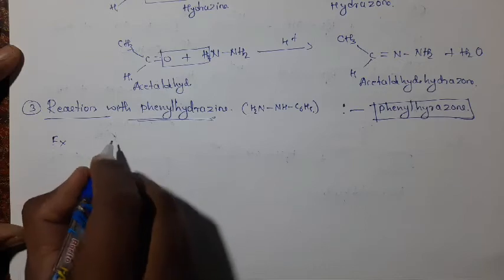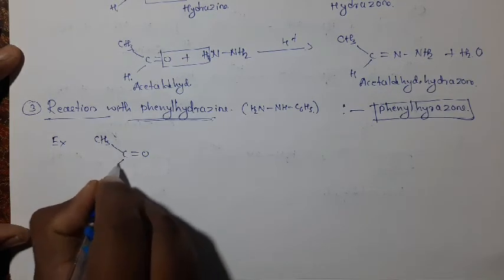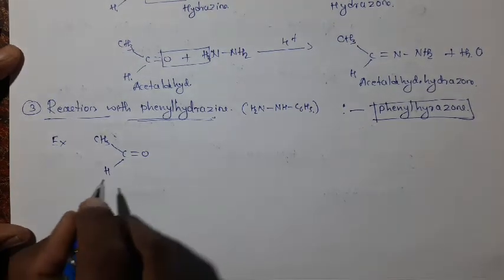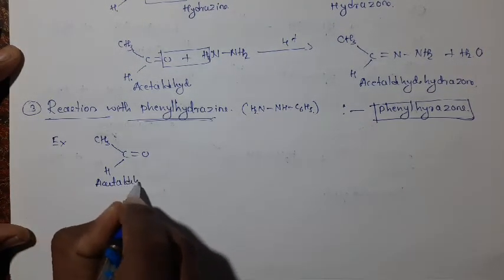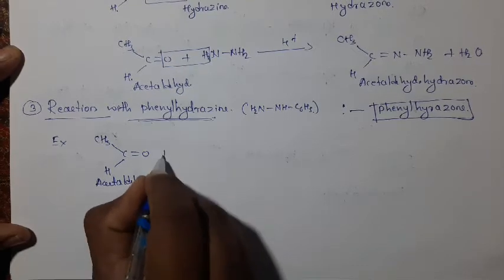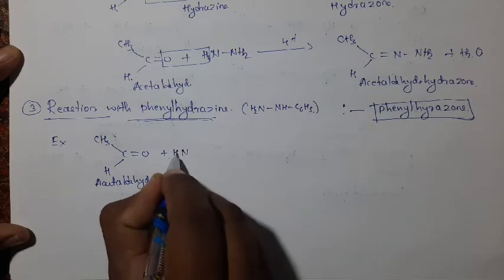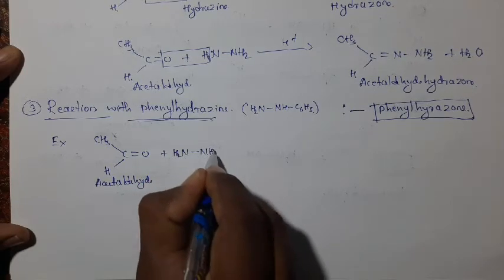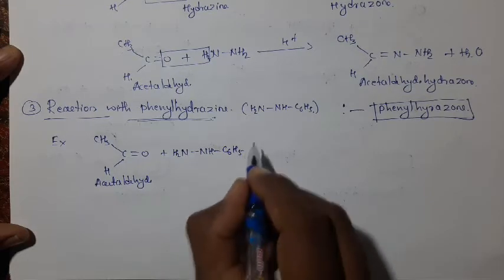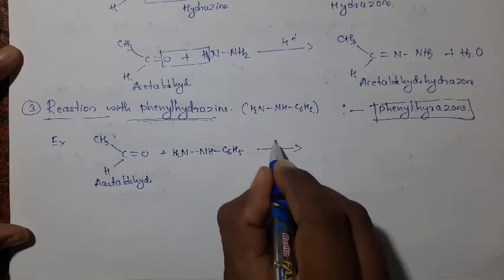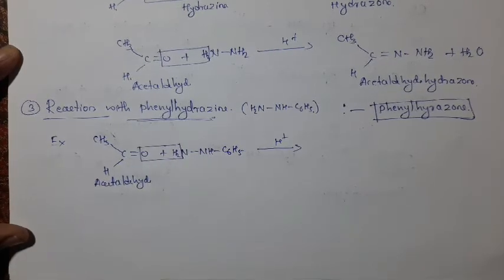This is our example, CH3 C double bond O H. It is our acetaldehyde. When acetaldehyde is condensed with phenylhydrazine, NH2 NH C6H5, again the same reaction in the presence of weak acid, one water molecule is eliminated.